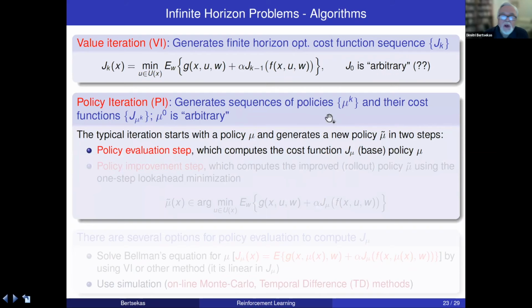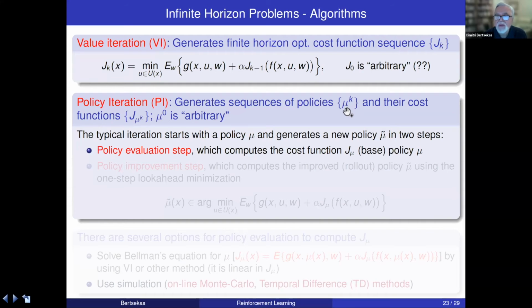The second major algorithm is policy iteration. This algorithm generates a sequence of policies, mu k. These are the players that I was talking about in the last lecture about AlphaZero, the sequence of players.